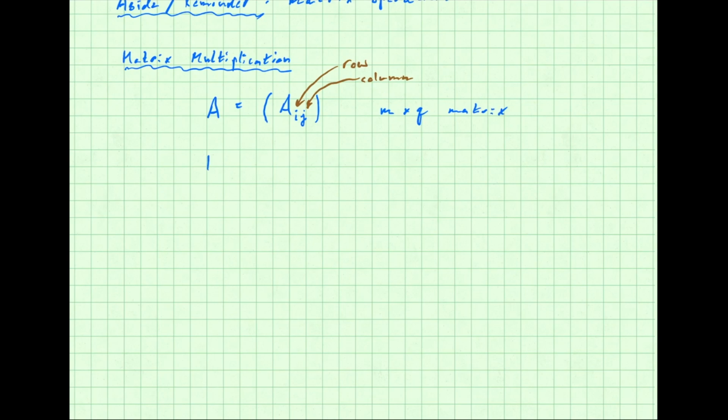And then let's say you have B, which is another matrix, and its components look like Bij. Sometimes you'll see people, when they want to refer to the elements of the matrix, use a lowercase letter, lowercase b or lowercase a. I'm not going to use that notation.